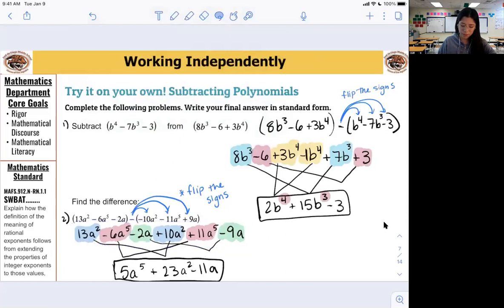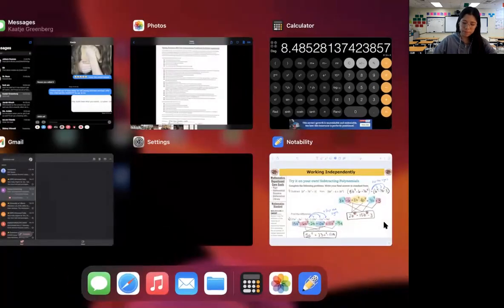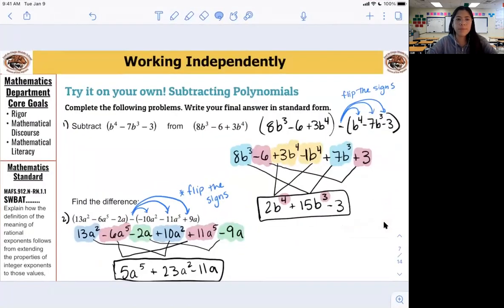I'll give you guys another minute or so to just make sure we understand every part. Okay. Any final questions? Any final questions on subtraction?